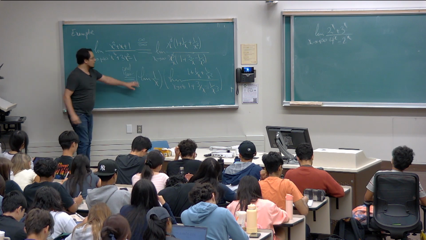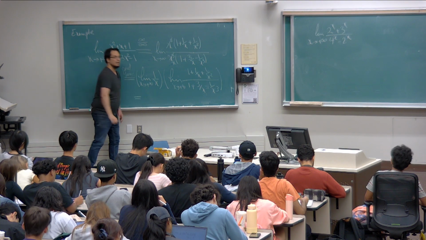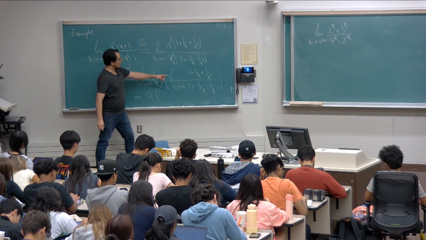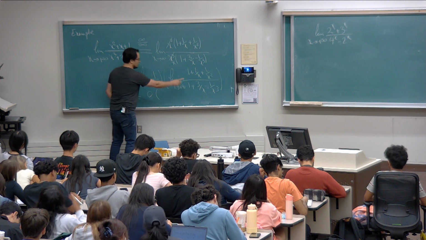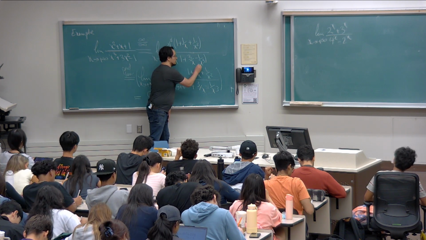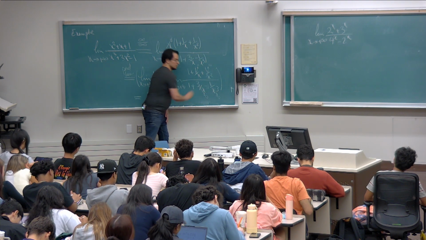Limit of 1 over x as x approaches plus infinity is 0. Limit of this guy: I can use the quotient rule, go to the numerator. This goes to 0, this goes to 0, this goes to 0, this goes to 0.